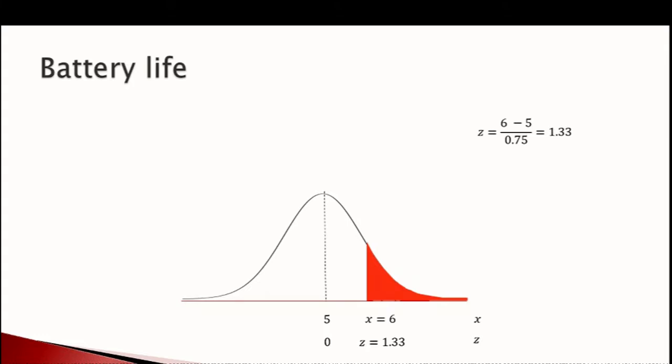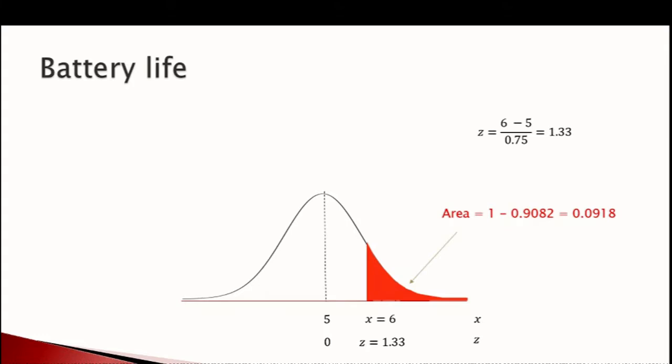With the z-score, go to the table and you can easily find the area. But be cautious: what the table gives you is the area to the left of 1.33, not to the right. So to find the area to the right, which we're interested in, the shaded red area, just subtract what the table gives you, 0.9082, from 1, and you get 0.0918.